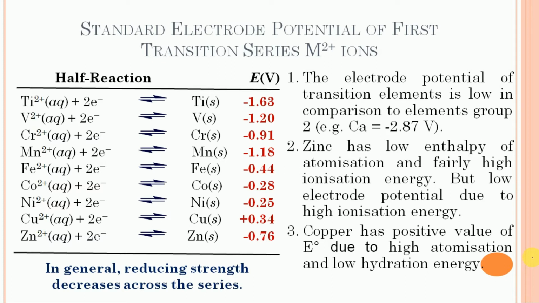The values of electrode potential for the first transition series are given in this table, and it is observed from these values that the electrode potential of transition elements is low in comparison to elements of group 2, that is, the alkaline earth metals.